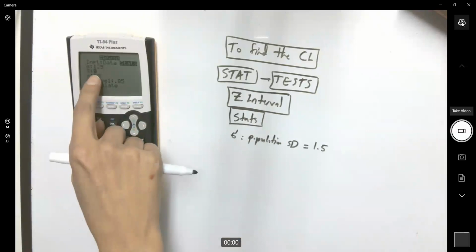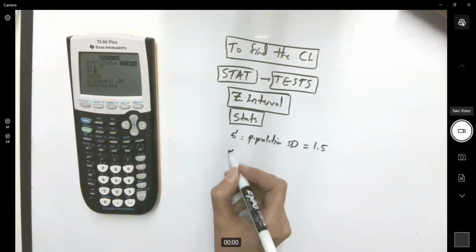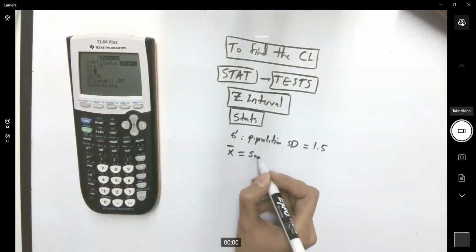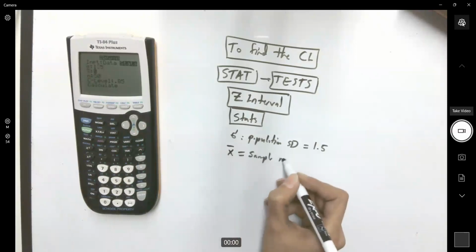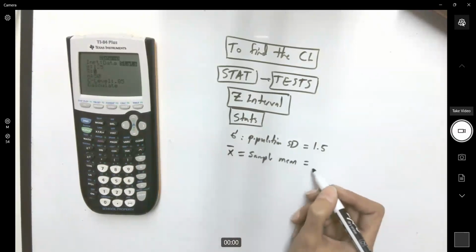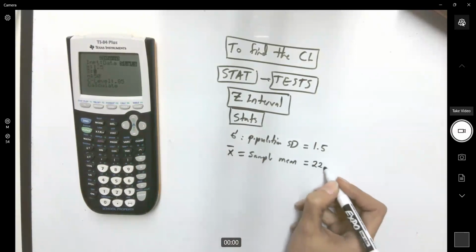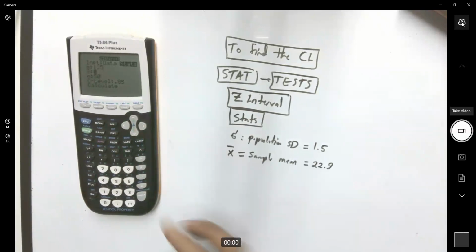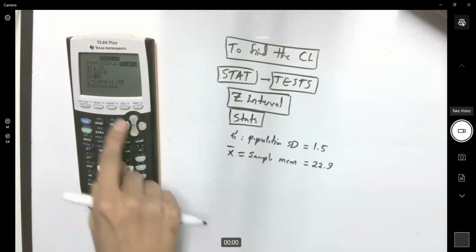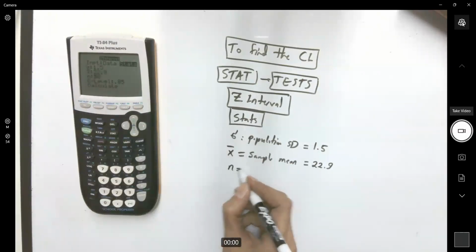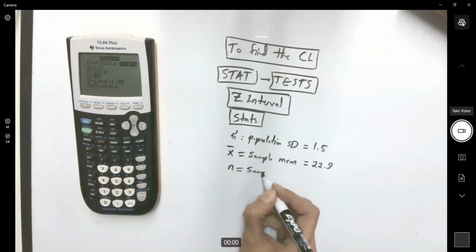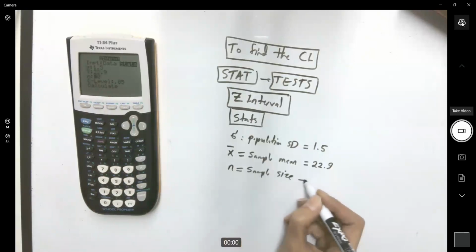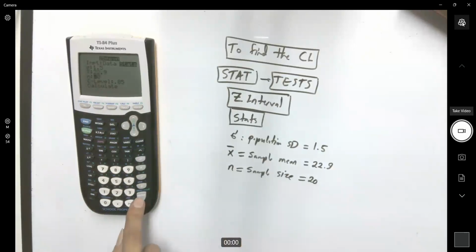Go to the next line. You have your X bar. What is X bar? X bar is the sample mean, which is equal to 22.9. Then go to N. What is N? N is the sample size, which is 20.